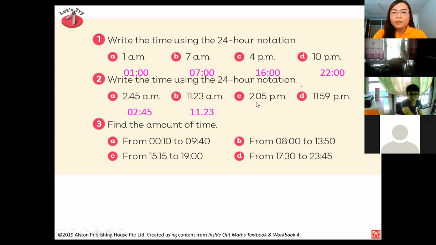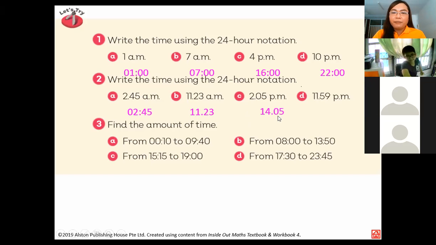Letter C, 2:05 p.m. How do you write this one? 2:05 p.m. 14. 14 hours and 5 minutes. That's 14:05. Okay. What about 11:59 p.m.?